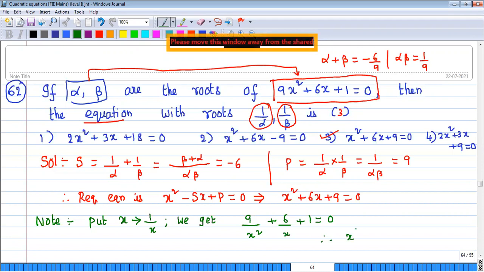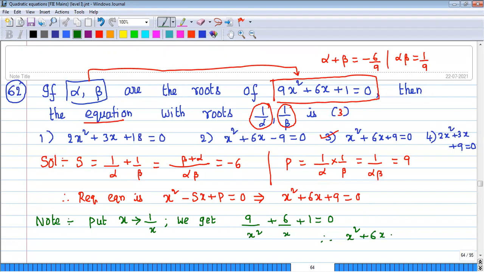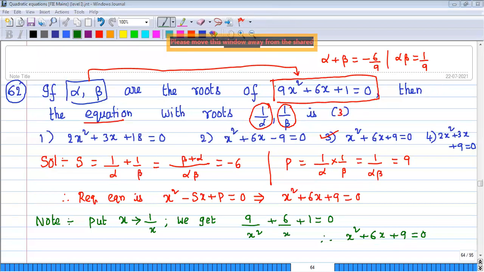X square into 1 is x square, plus x square into 6 upon x is 6x, plus x square into 9 upon x square, x square cancels, is 9. So that is equal to 0. So directly we can find out, just interchange the constant and the coefficient of x square. Then you get the direct answer: x square plus 6x plus 9 equals 0.